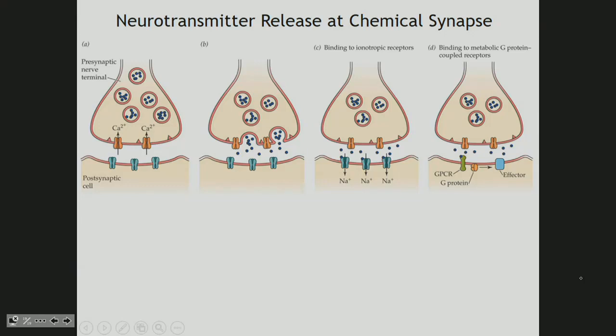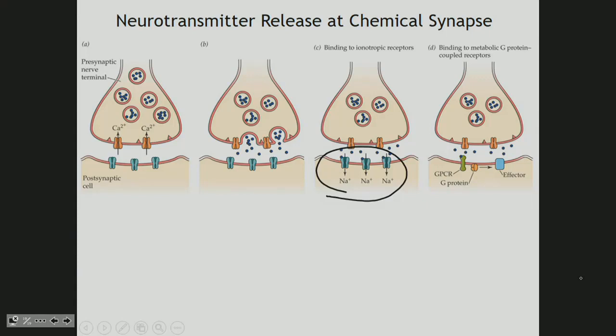So the calcium causes the vesicles to fuse and dump out the neurotransmitter, which are these little blue dots. Neurotransmitter in this case is binding the sodium channels on the postsynaptic membrane, causing a depolarization of that cell, and then you send the action potential down the line. That's an ionotropic receptor.